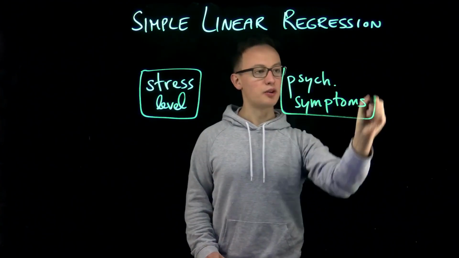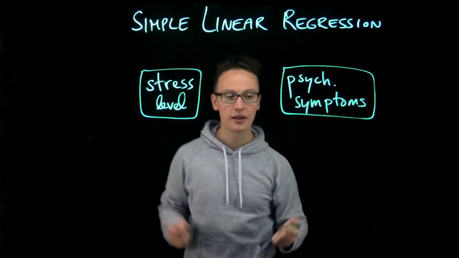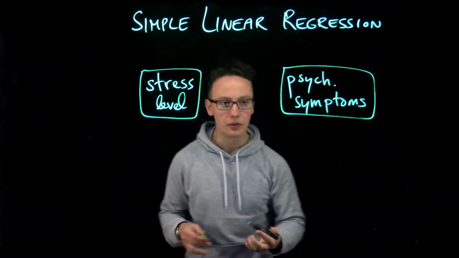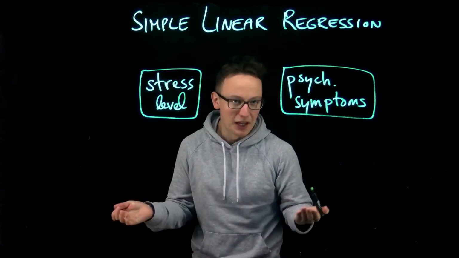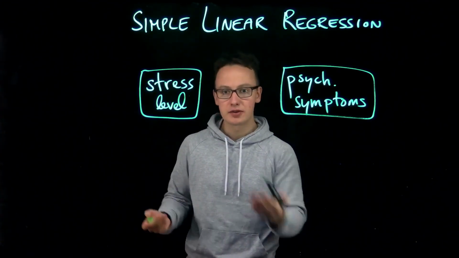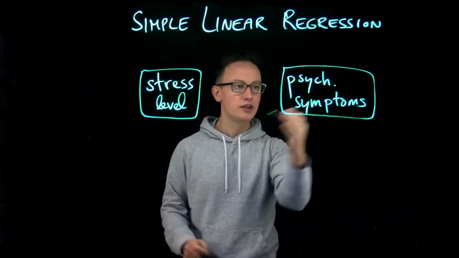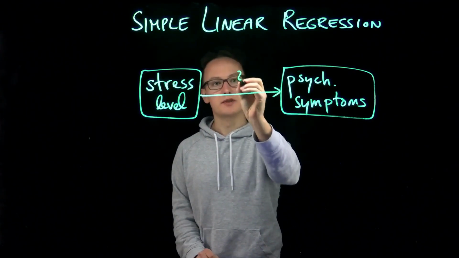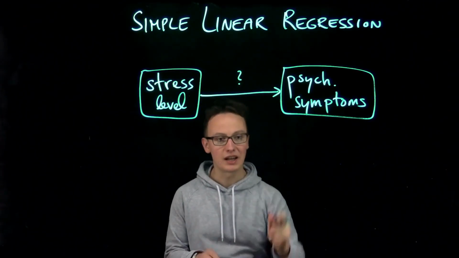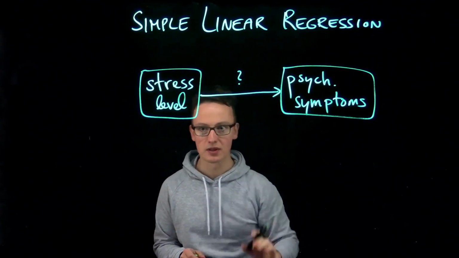And now let's say both of these are just continuous variables, okay? And now we could have the quite plausible hypothesis that the stress level influences the degree to which students show psychological symptoms, so that there is some relationship between the stress level on the one hand and the psychological symptoms on the other.